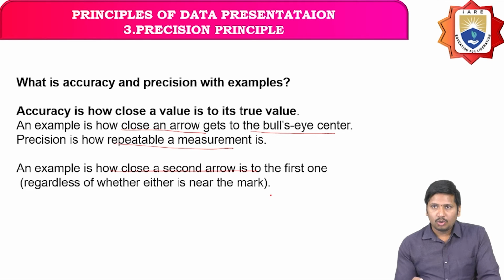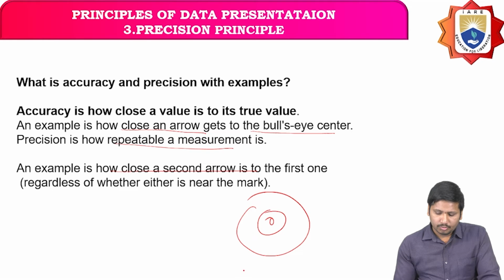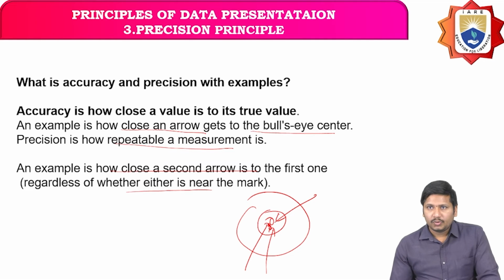Precision means how close that is. Suppose one person is throwing one arrow and a second person is throwing another arrow. How close is the second arrow to the first one? Regardless of whether it is near the mark or hitting the same target, that should be the example of the accuracy.